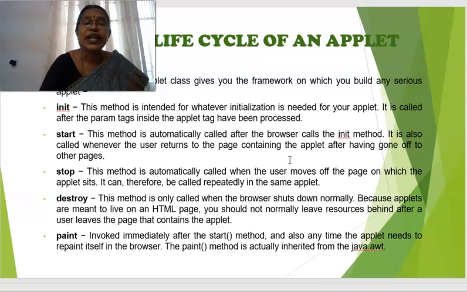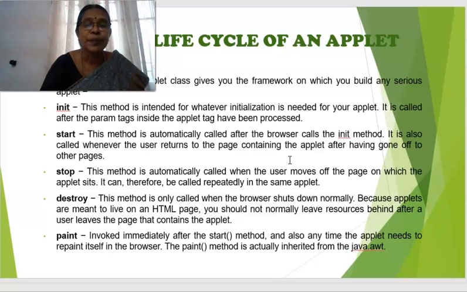The start method is also called whenever the user returns to the page containing the applet. So the start method can be executed any number of times. As soon as the init method gets over, the start method will be executed, and whenever the applet resumes its operation, the start method will be executed.